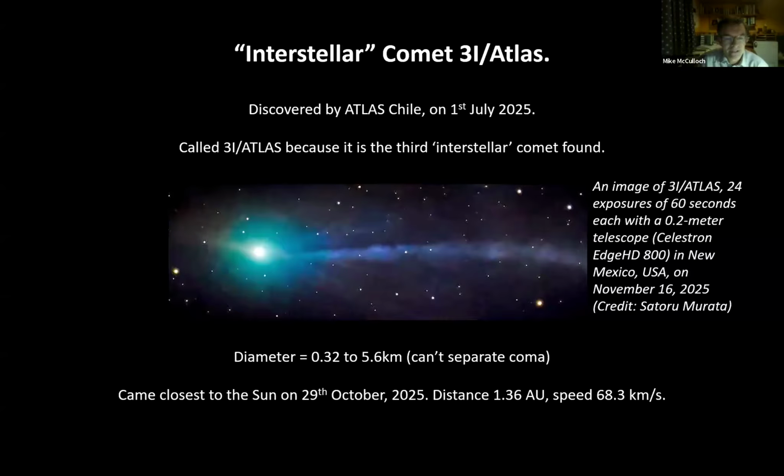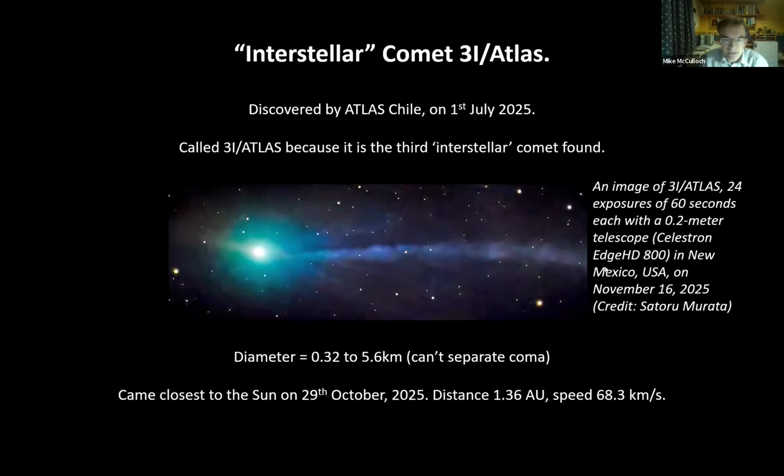Okay, and then very recently I've been looking at the interstellar comet 3I Atlas. This was a comet discovered by the Atlas telescope in Chile in July 2025. It's called 3I Atlas because it's the third interstellar comet. They found Oumuamua and Borisov before, and this is the third one.